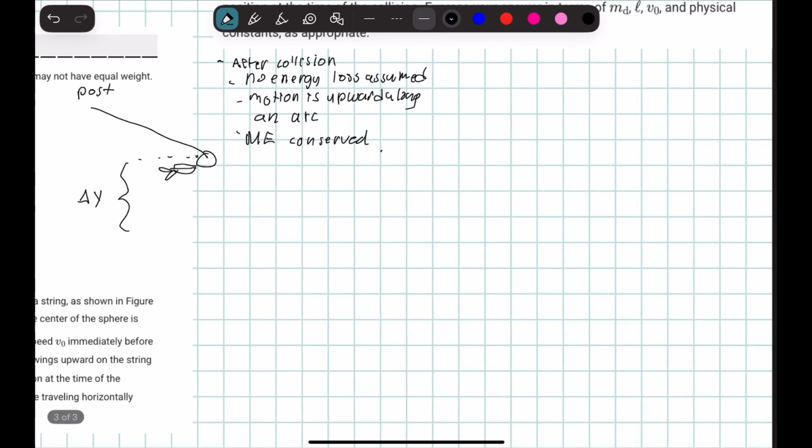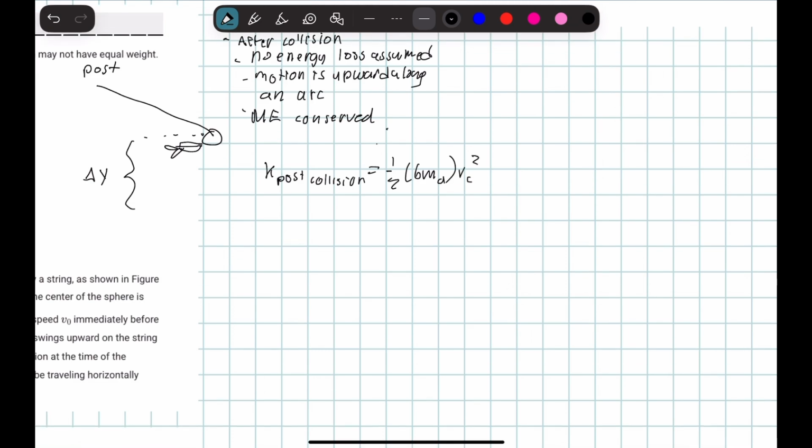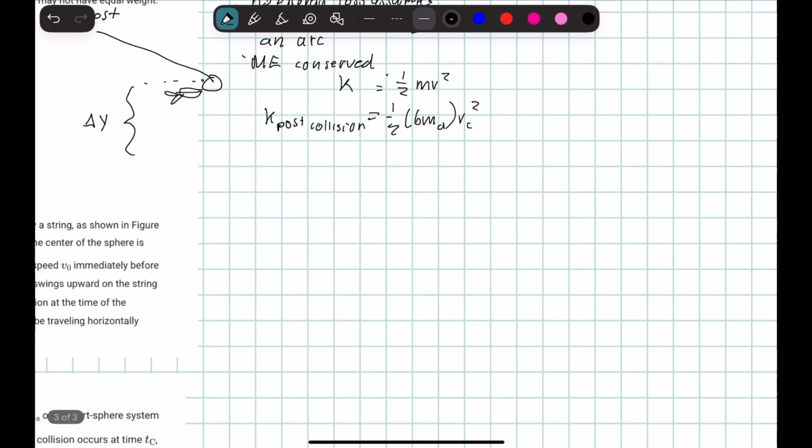So then we can write the kinetic energy after the collision, which is equal to 1/2 times 6md times the velocity of the collision squared. That's just 1/2 mv squared. So we can substitute in that vc is equal to v initial over 6.